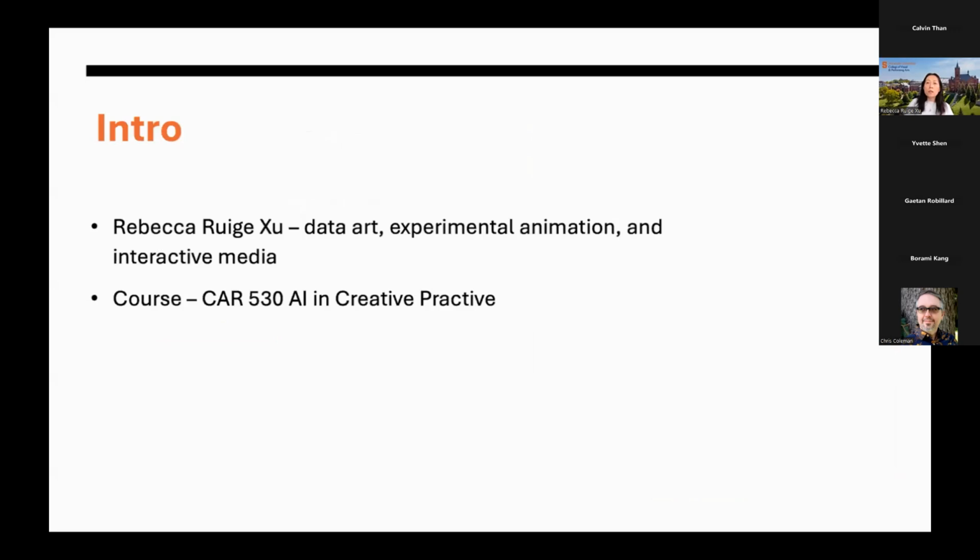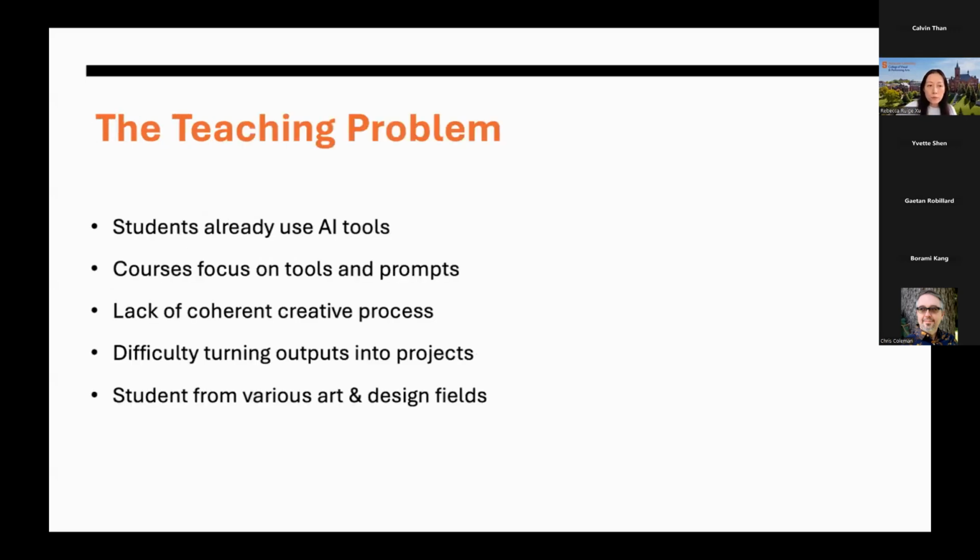My work largely focuses on data art, experimental animation, and interactive media. And the course I will be talking about here is a course I offered last year, CAR 530, AI in Creative Practice. So immediately I found some teaching problems I need to address.